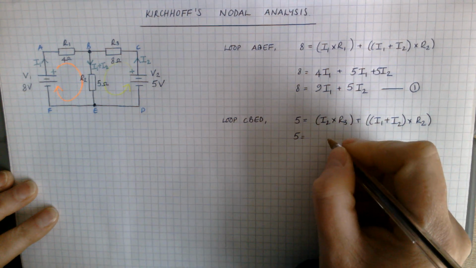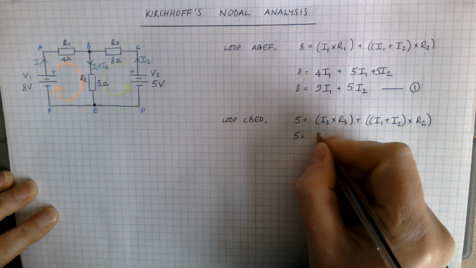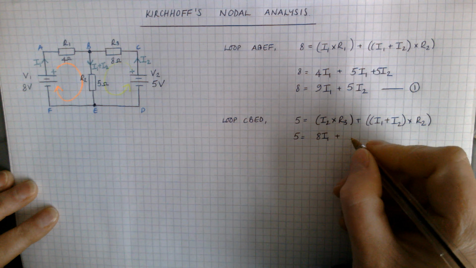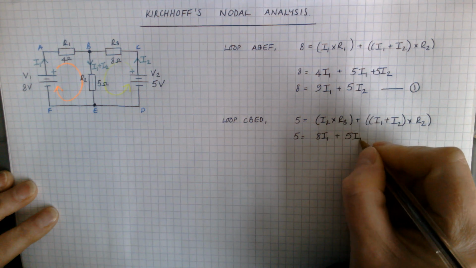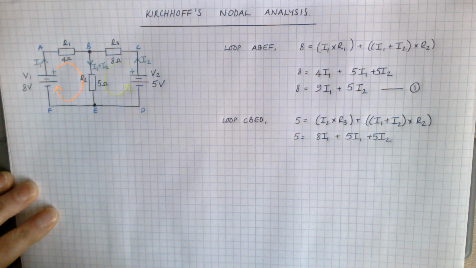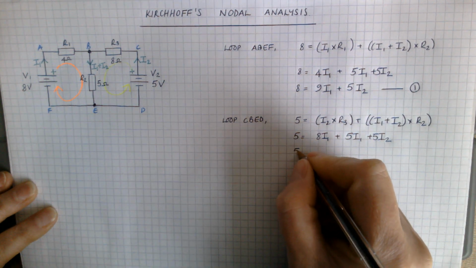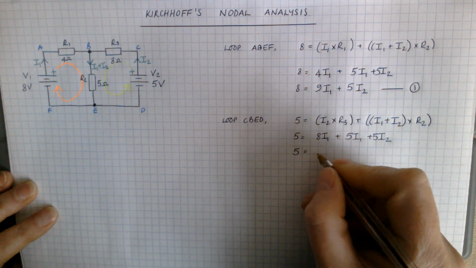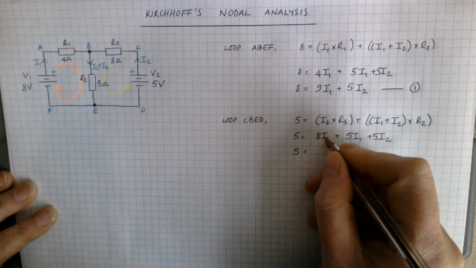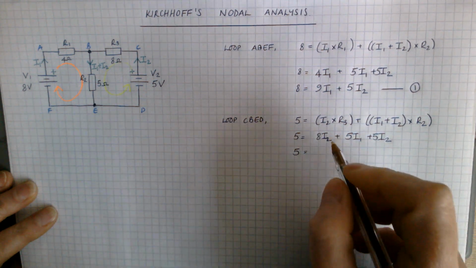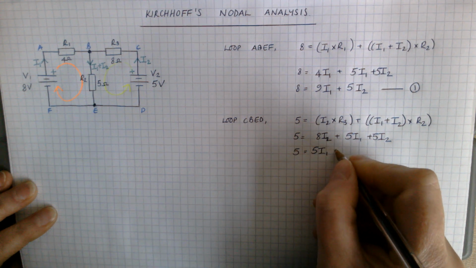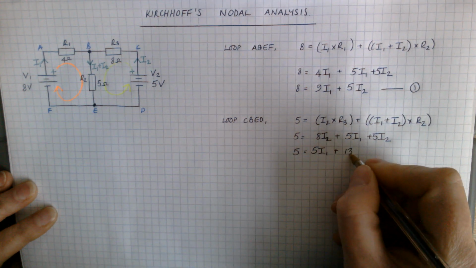So I've got a value for R3, 8, and I've got a value for R2, 5. I'm going to collect like terms again. So I've only got 5I1 plus 8 and 5 is 13I2.